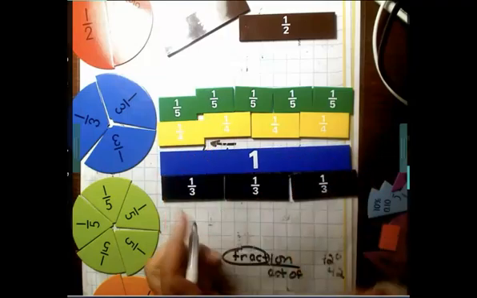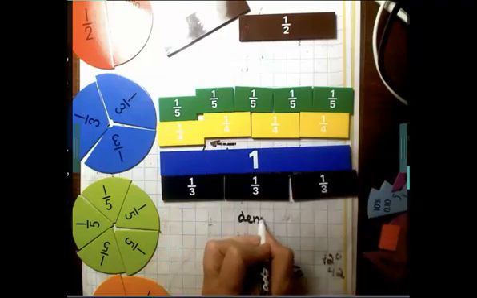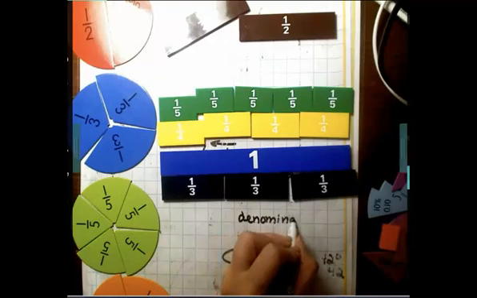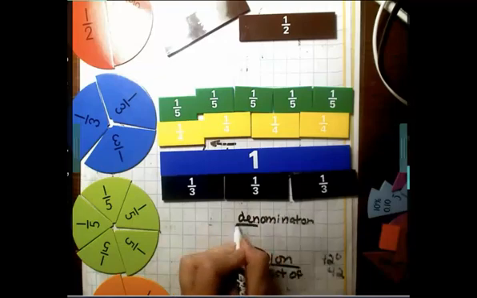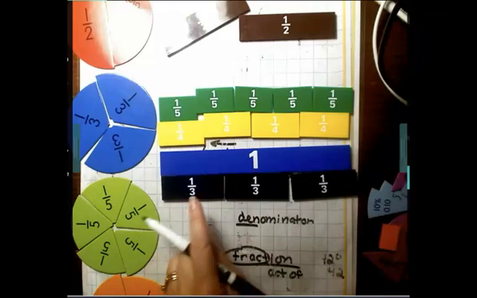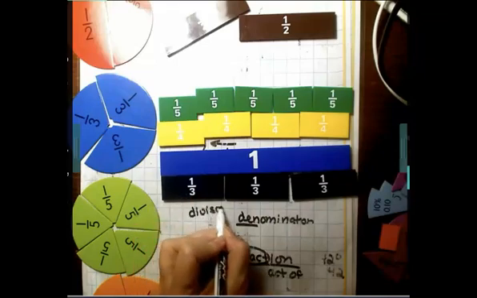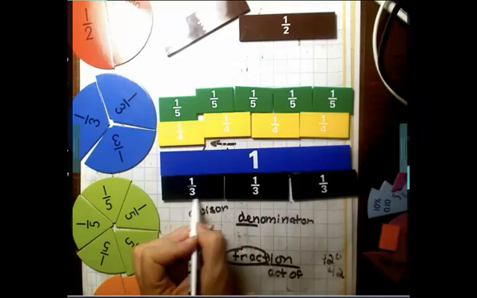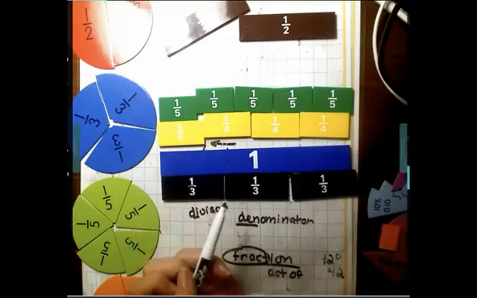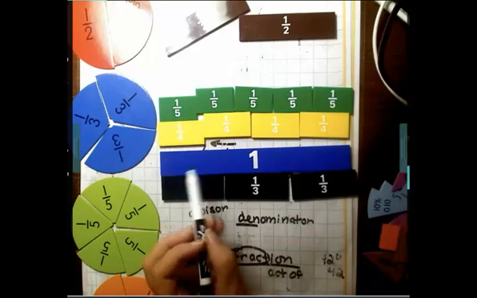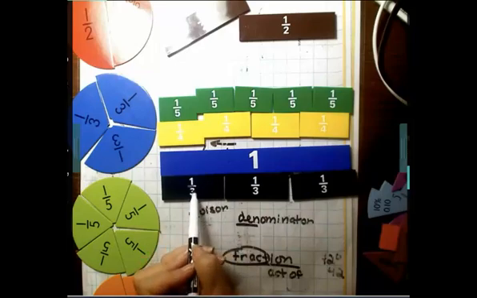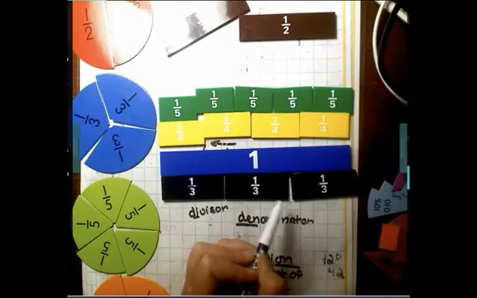So this denominator, this number that is down, is actually like a divisor. That's what I like to think of it. And look at all these D's. This is the number that you have broken up your whole into equal groups. So I have broken up my whole here into how many groups? 3. 1, 2, 3.